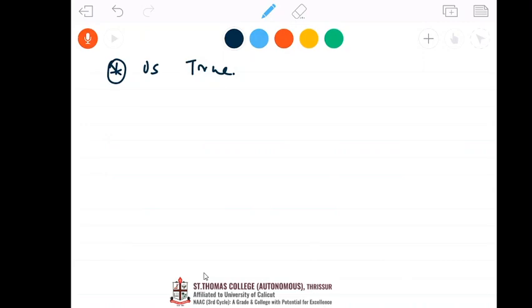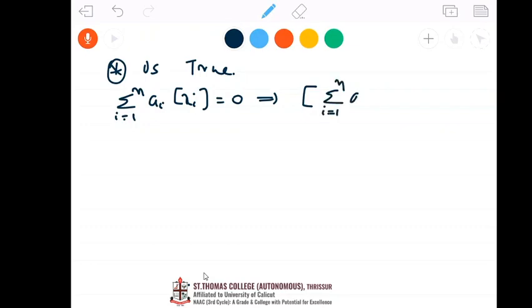So I am going to prove that class x1, class x2, etc., class xn are linearly independent in E over E1. For that, assume that the summation from i equal to 1 to n of ai class xi is equal to 0. So this means class of the summation of ai xi is equal to class of 0.